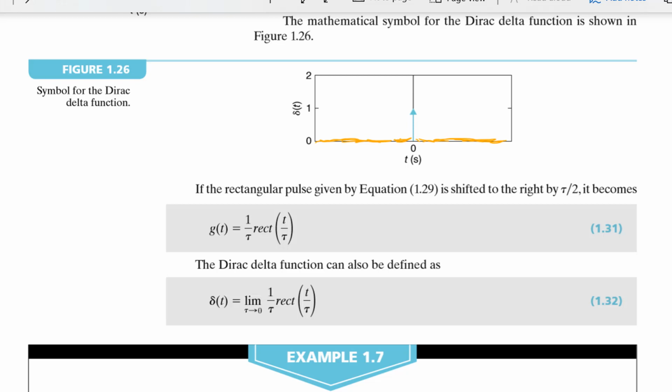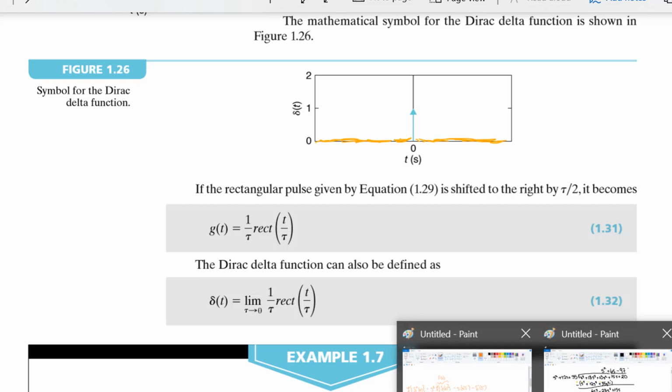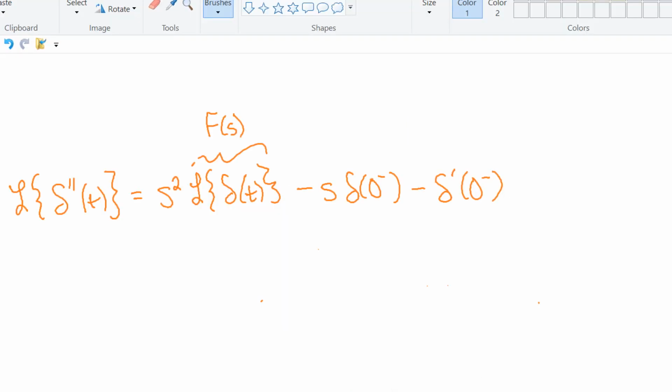Well, just to the left of 0, it's a horizontal line. And so the slope is also 0. So this term goes to 0, this term goes to 0. So all we're left with is that the Laplace transform of the second derivative of the Dirac delta function is s squared times the Laplace transform of the original, which is just 1.